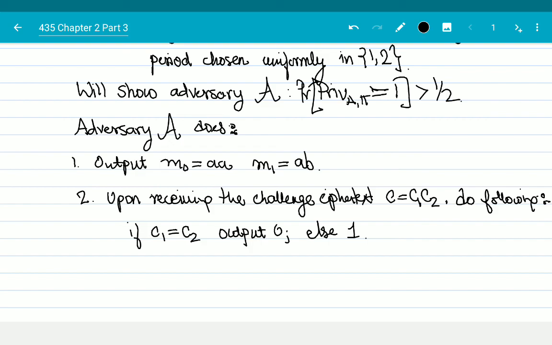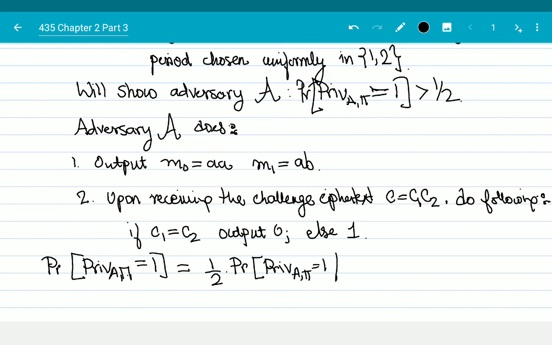Okay, so the probability of the experiment succeeding, A pi is equal to 1, is 1/2 times the probability that the message chosen, priv A pi is equal to 1 and B is equal to 0, plus the probability that priv A pi is equal to 1, B is equal to 1.